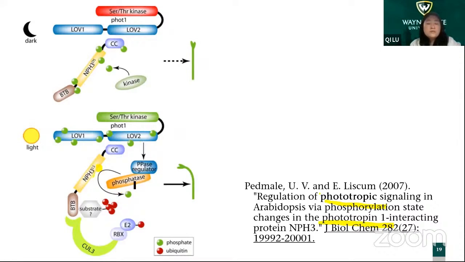So the phosphatase function will start working when shining with the blue light. However, in the dark, the kinase will go to this NPH3 domain and will start to phosphorylate this part.